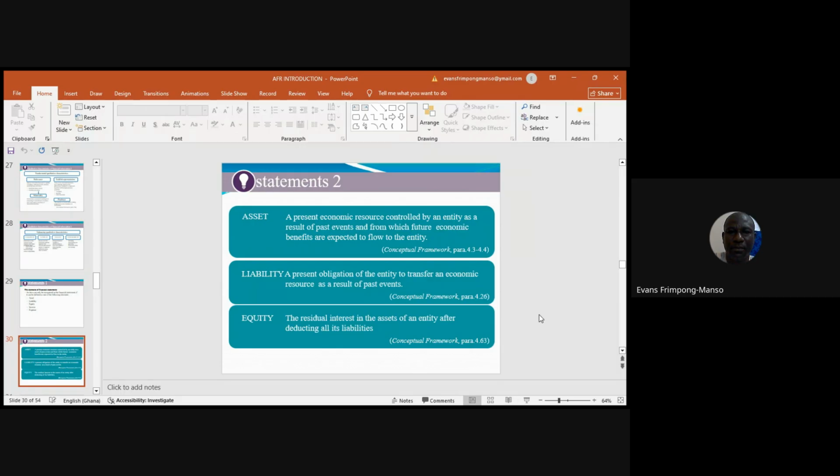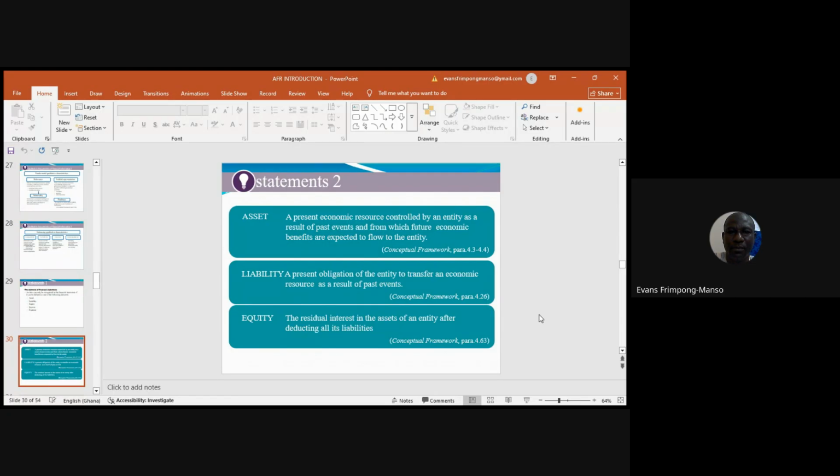Then the residual interest of the assets and liabilities is what we term as the equity. So in your foundations of accounting, when you pick the accounting equation, you have assets equals equity plus liability.